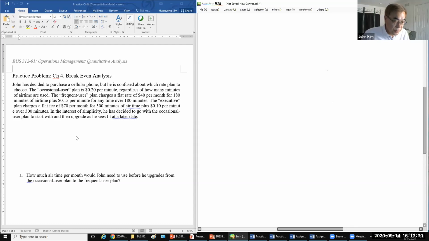So first one, total cost, occasional plan, 20 cents per minute. And there is no flat rate. So there is O, occasional plan. There is no fixed cost, just 20 cents, 0.2. The unit is dollars, so 0.2Q. Q is how many minutes.